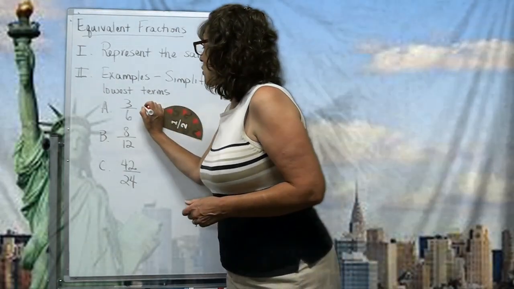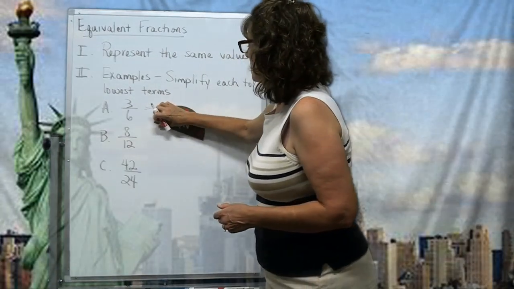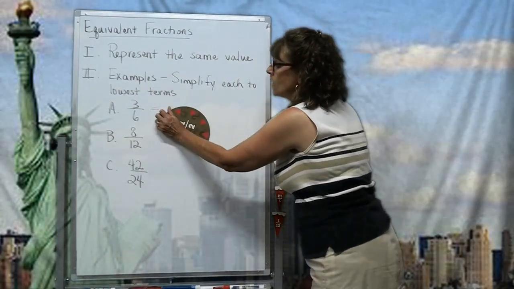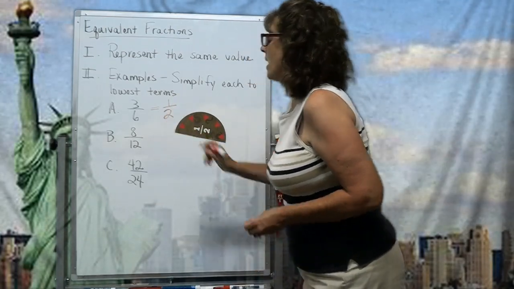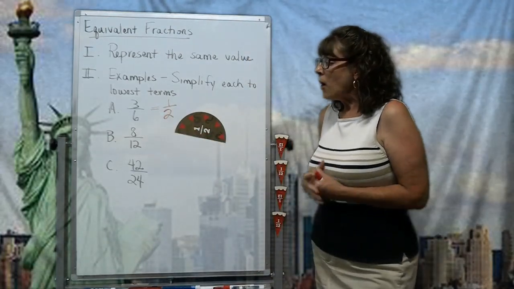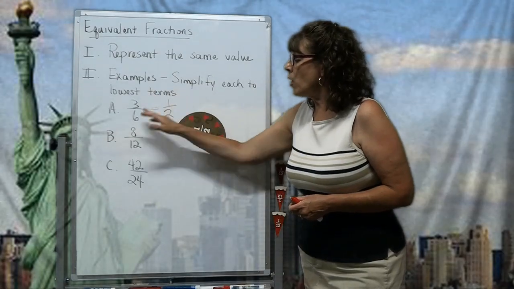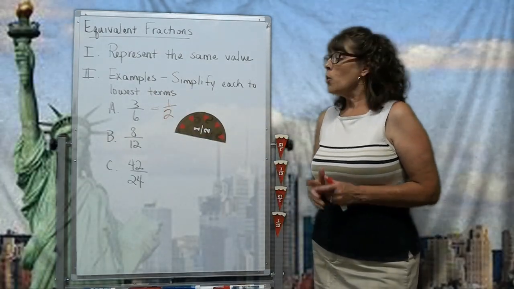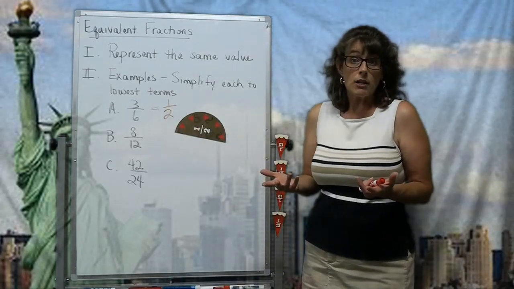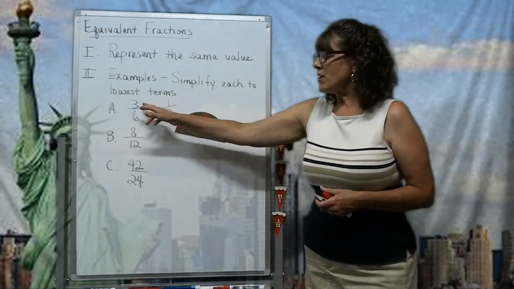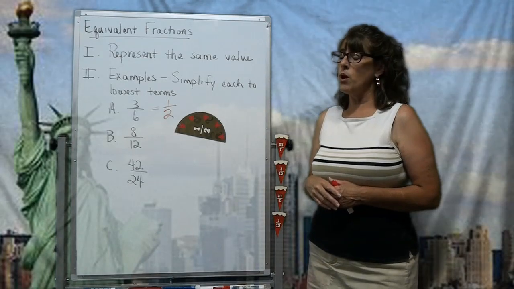So in other words, 3/6 is the same as, it's equal to, it is equivalent to 1/2. Now, how would I go from 3 to a 1 and from a 6 to a 2? Well, you'll notice that I can go from a 6 to a 2 by subtracting 4, but if I take a 3 minus a 4, it doesn't give me a 1.